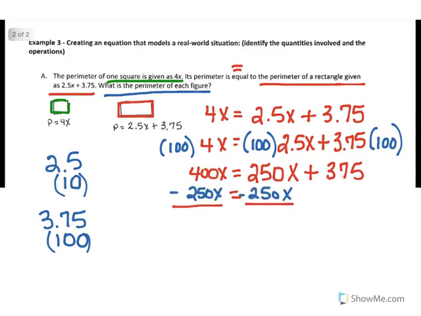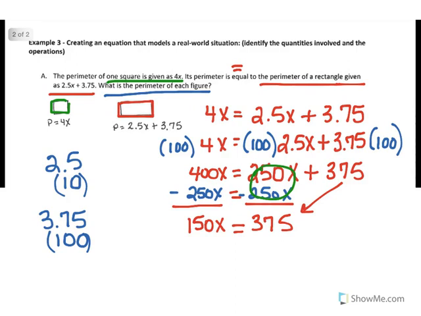On the right, that means it zeroes out, leaving the positive 375 on the right. So I just bring this piece down. Whereas on the left, I have to subtract, and when I subtract, I will have 150 times x.